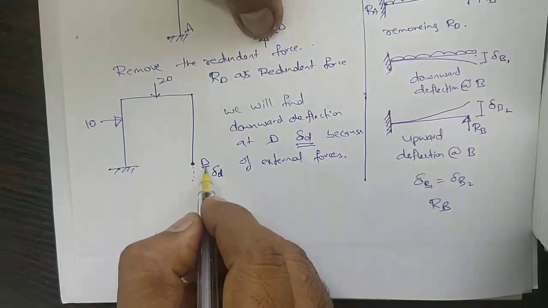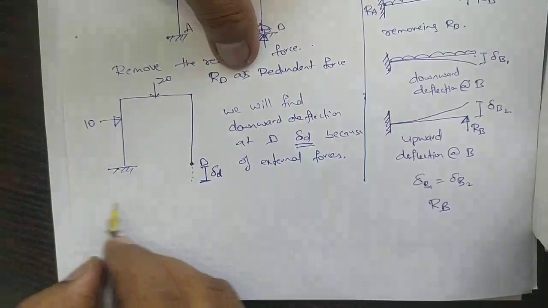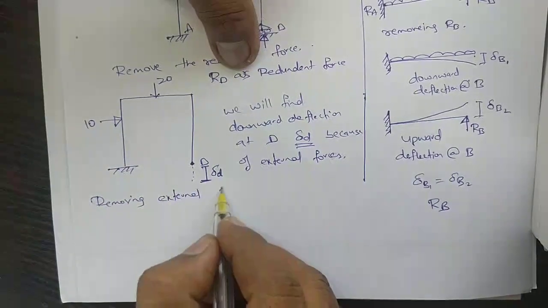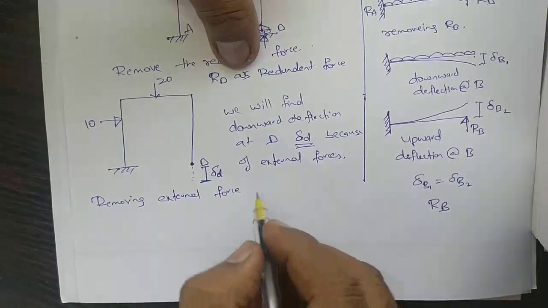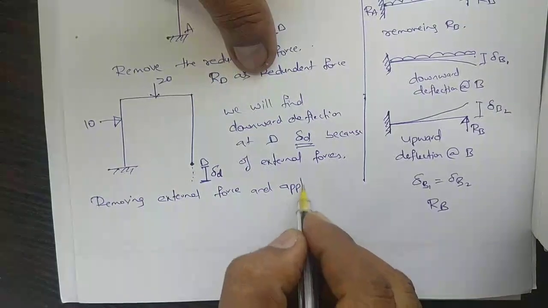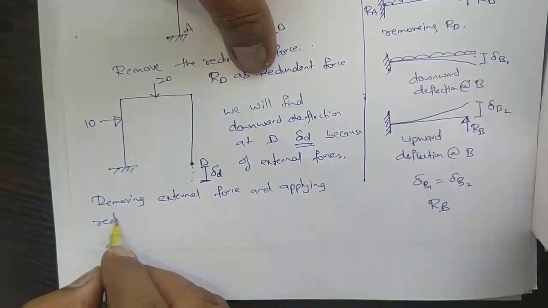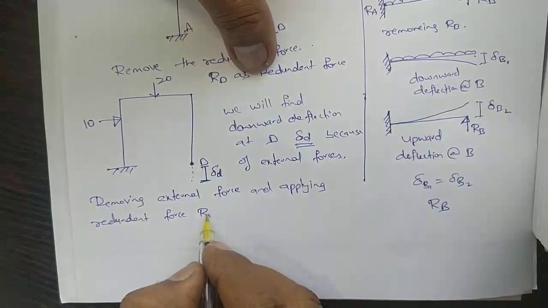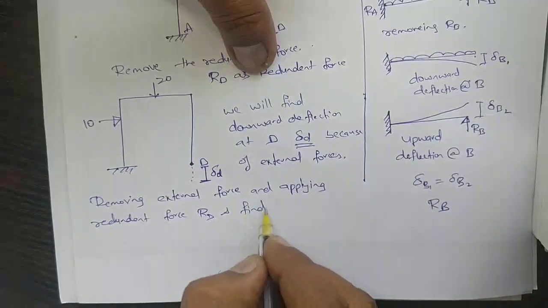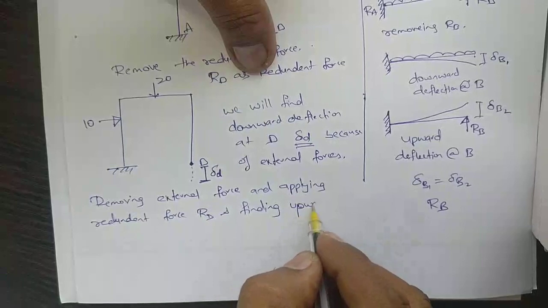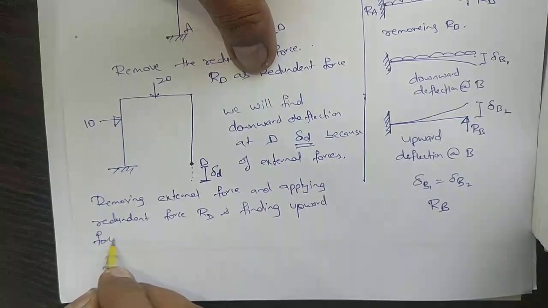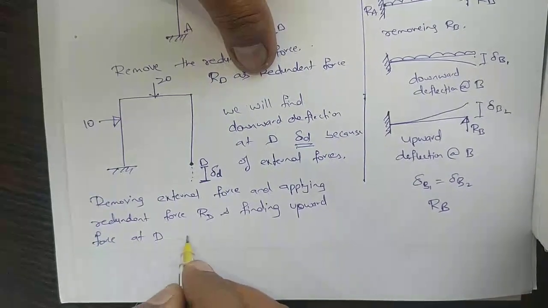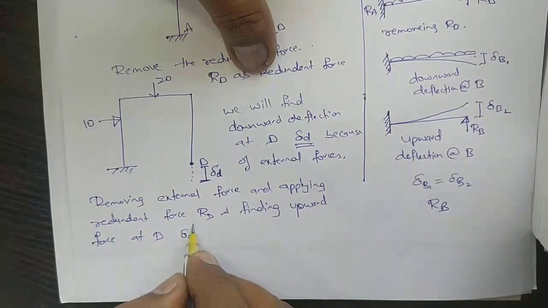Then the next step is removing the external force and applying the redundant force RD and finding the upward deflection at D, that is delta D dash.